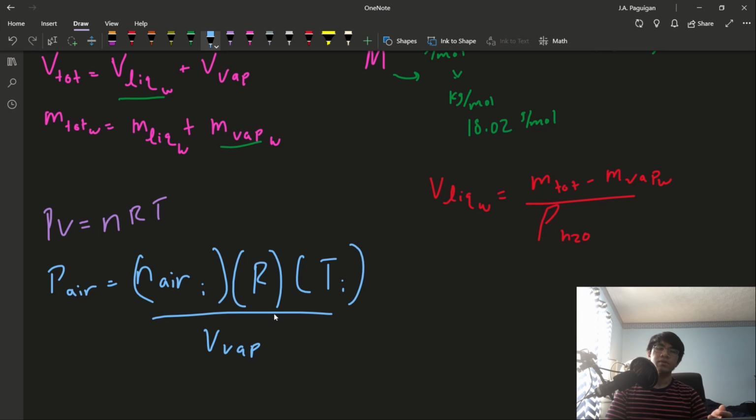Now there is a reason why we're using the initial temperature, because we don't know the moles of air. We don't know the moles of air, and we can break that down a little further, but let's just focus on writing the ideal gases. And the temperature initial, like I said, the reason why we're using the initial conditions is because they go into play with how we derive a relationship for the moles of air.